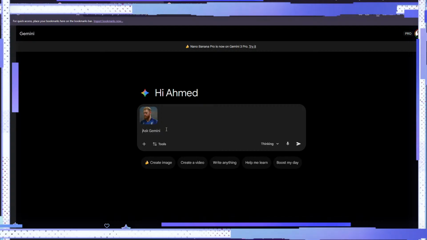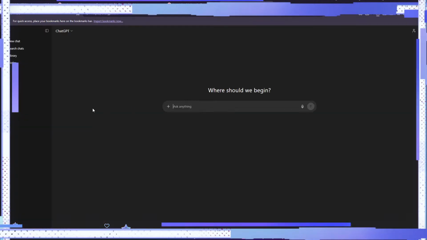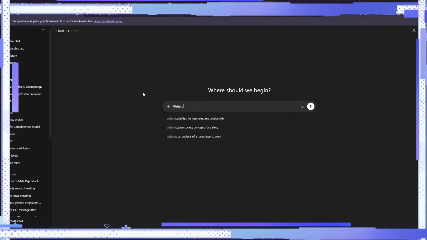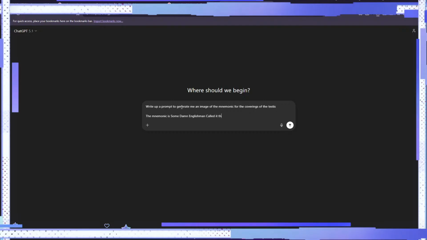So, let's write up a prompt to generate me an image of the mnemonic for the coverings of the testis. The mnemonic is "some damn Englishman called it the testicle."